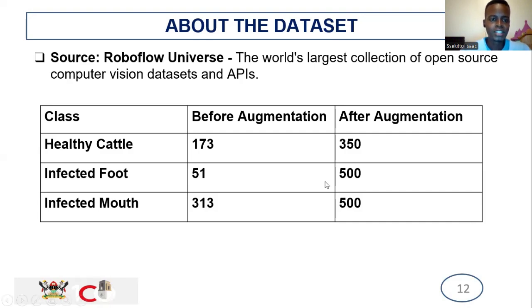The dataset that we acquired contained 173 images of healthy cattle, 51 of affected foot, and 313 of affected mouth. We performed augmentation to overcome these class imbalances.